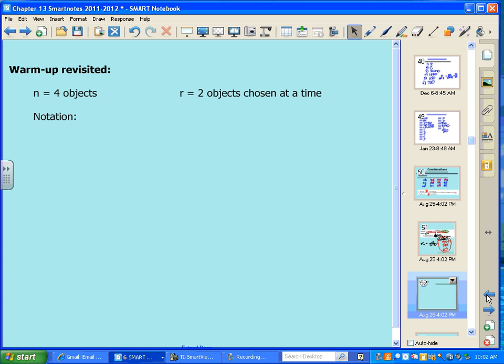Okay, so let's revisit the warm-up, okay? So using a combination for the warm-up, we have 4 choose 2. Okay, so let me go over to my calculator just to make sure you guys are all with me on that.